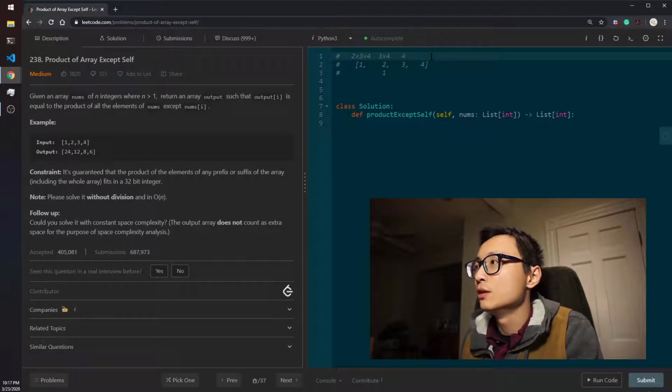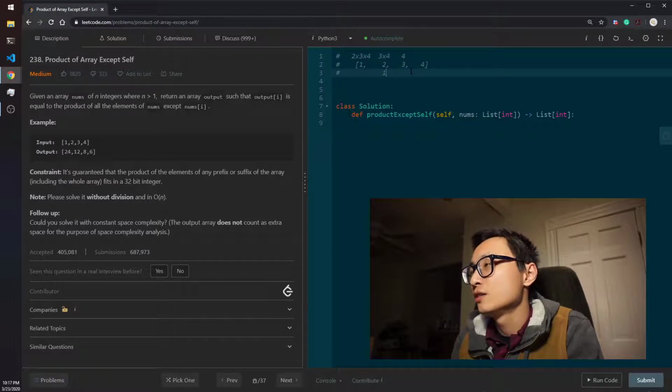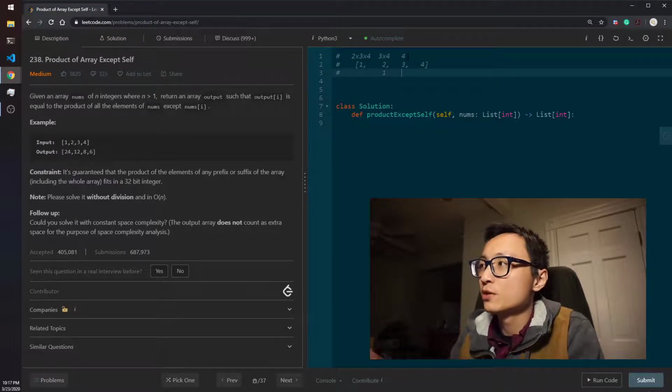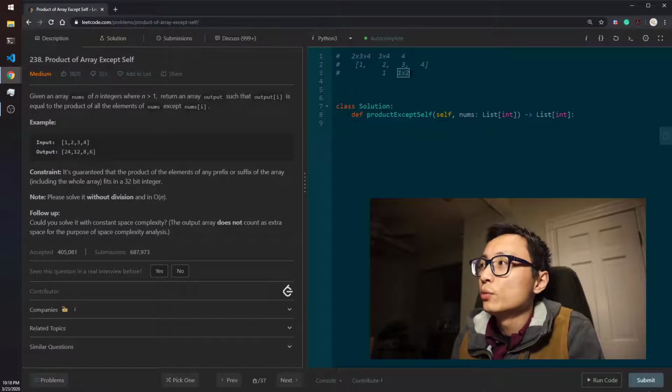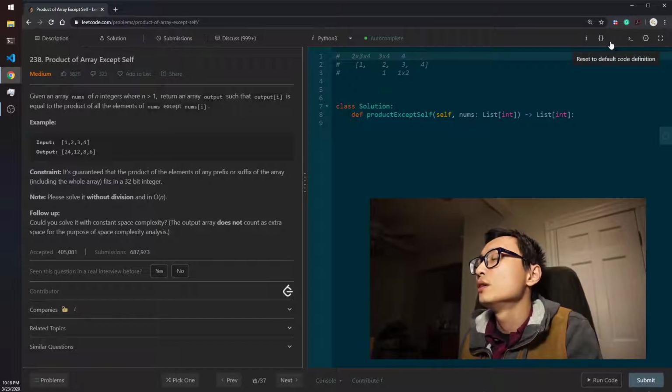For this number 3 here, it's 4, the accumulated product of elements from its right, multiplied by 1 multiplied by 2. That's the accumulated product of the elements from its left. For 4, there are no elements to the right, but we can initialize the accumulator with 1.